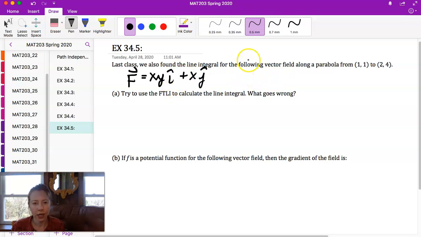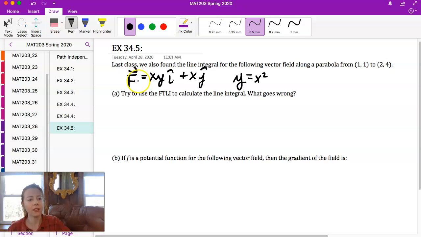And we're moving it along y equals x squared from 1, 1 to 2, 4. So we're going to try to use the fundamental theorem of line integrals to calculate this. And so I want you to give this a pause, try it on your own first before proceeding.